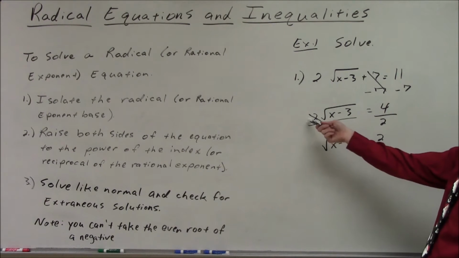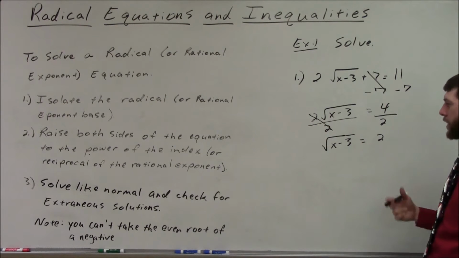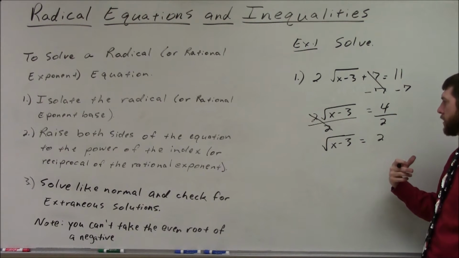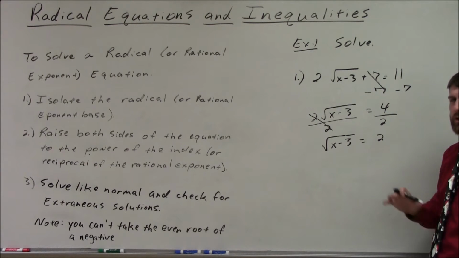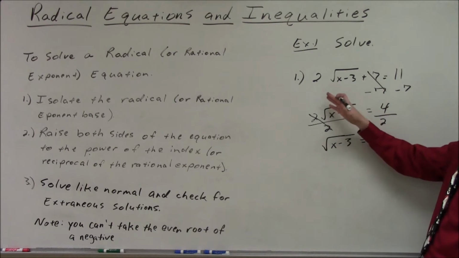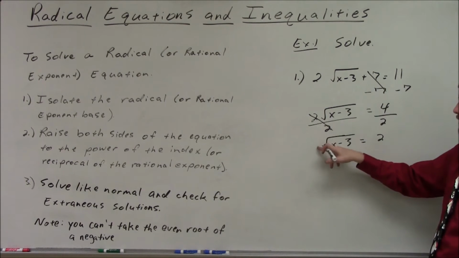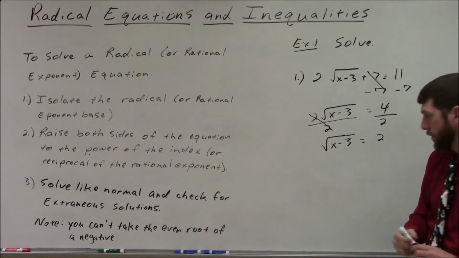If this had been 7 halves, I don't know that I would have wanted to work with exponents off of a fraction. So it's kind of your call at that point. But just for a general rule of thumb, you're going to move that coefficient of the radical before you actually get rid of the radical.